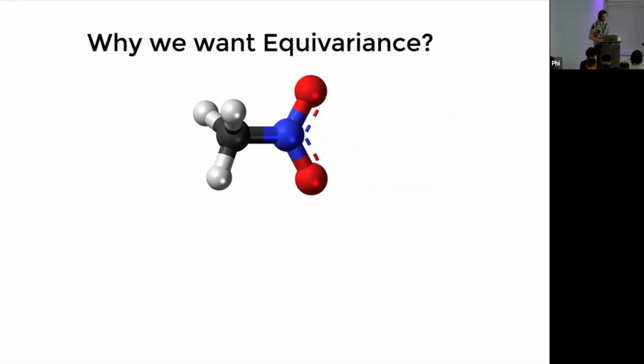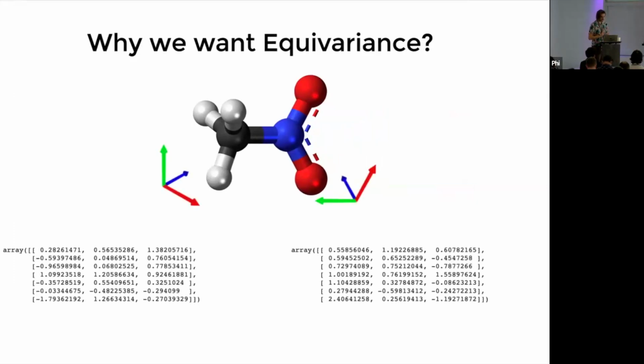If you have a molecule and each atom has coordinates, the way you choose your axes to represent the coordinates of each atom is arbitrary. On the left, I have one choice of axes, and on the right, I have another one. As you can see, the numbers are completely different, though they are just related by a rotation.